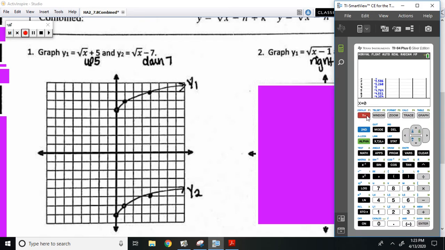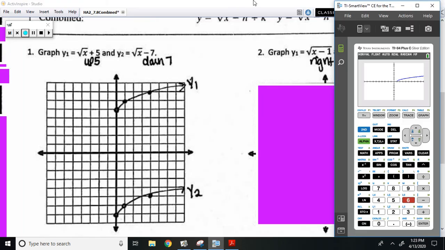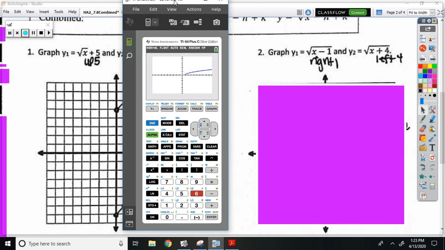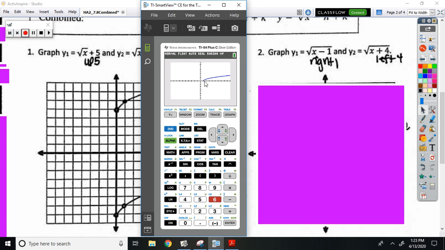to help you. Now this time you want to make sure that you are under the square root. We'll zoom 6. So we can see that it indeed has been shifted. Just doing that. Shifted to the right one.